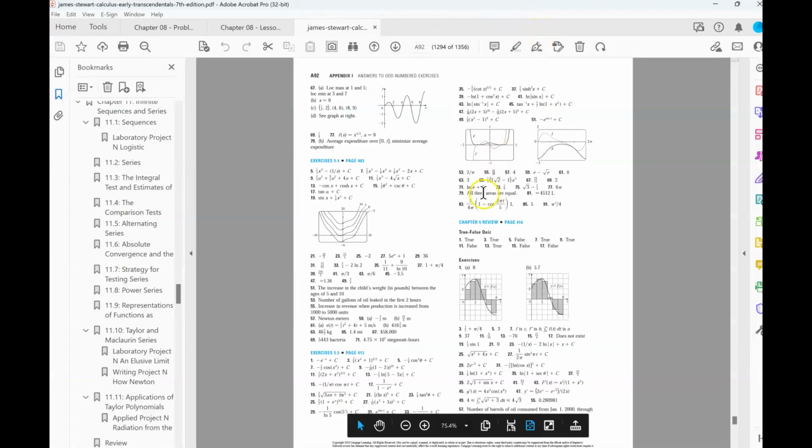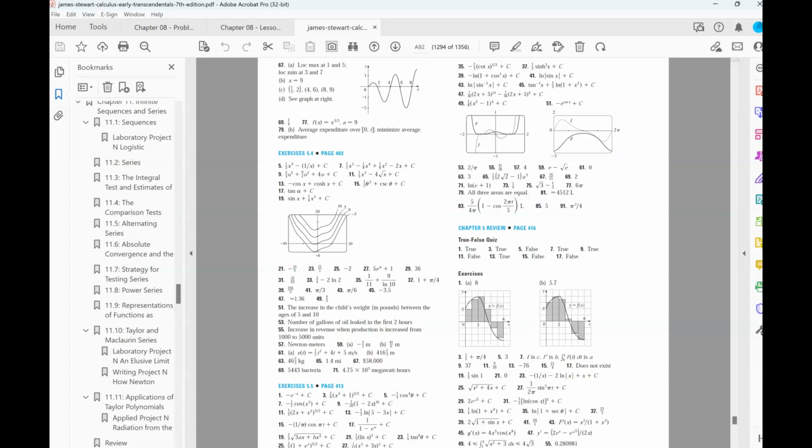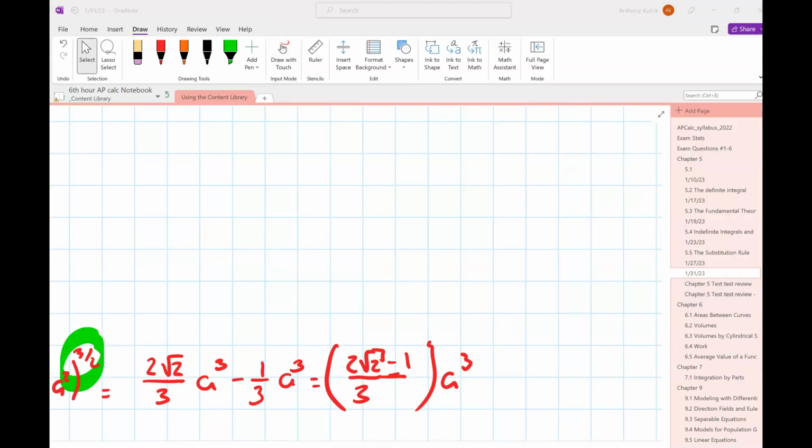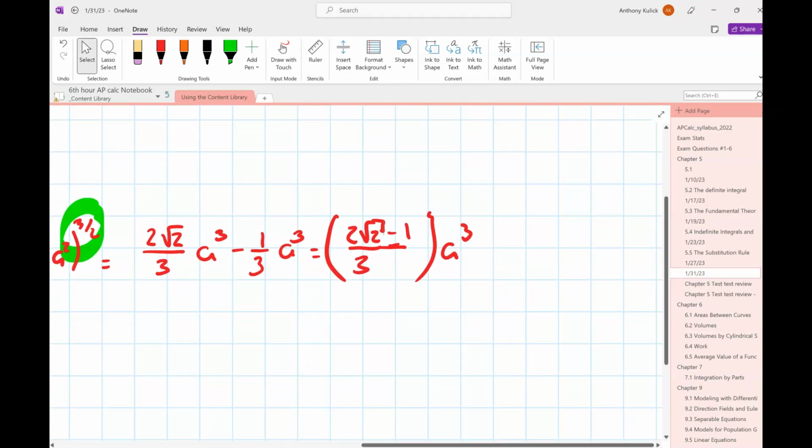So they wrote it as 1/3 times 2 root 2 minus 1 times a to the 3rd, which is basically the same thing as I wrote. I just put the 1/3 through as a denominator. Basically the same idea. I was right in thinking they were going to factor the a cubed out anyways. And how they wanted to write that last piece, I wasn't sure, but.